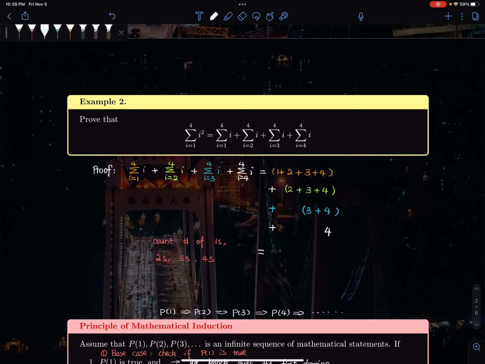I have 1, so it's 1 times 1. Plus, I have 2 2s. And I have 3 3s. And I have 4 4s. Okay? And this is exactly the right hand side.